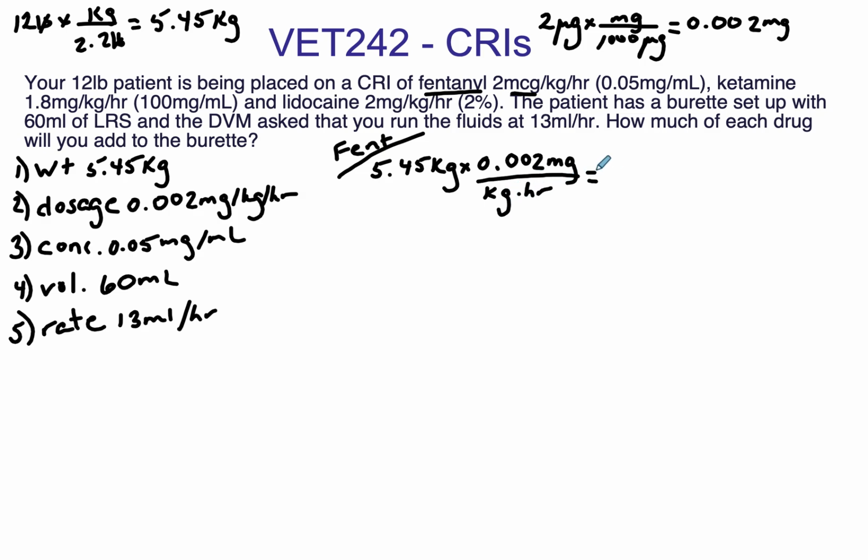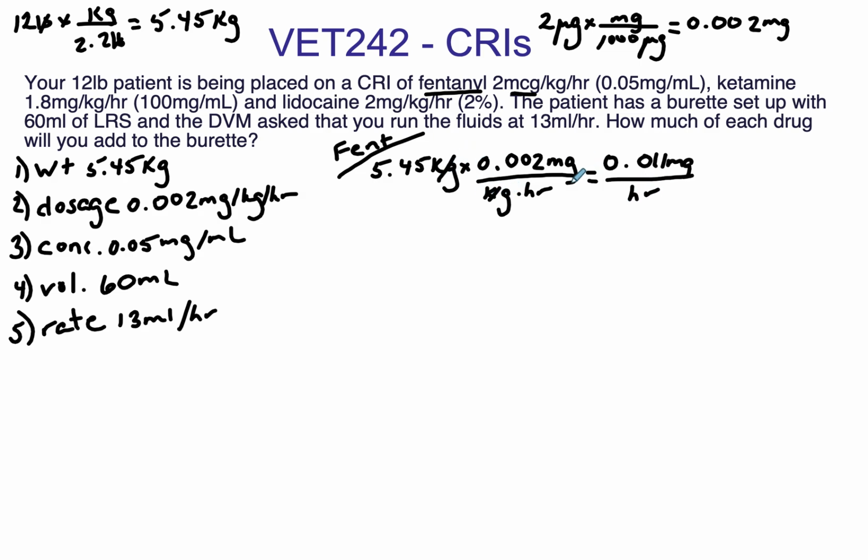And it turns out that 5.45 times 0.002 equals 0.0109, so we'll say 0.011 milligrams.